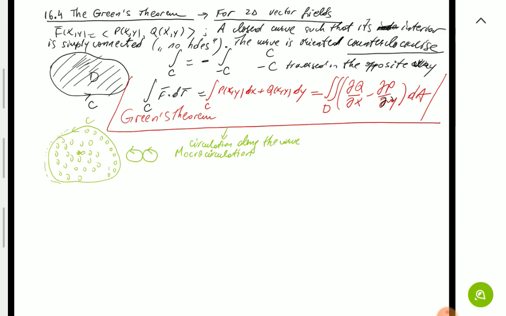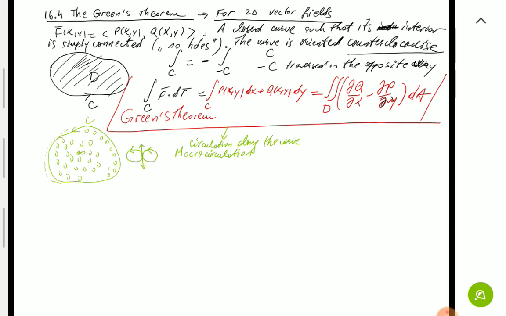Notice that for any two adjacent microcirculations inside this curve, their effect cancels each other. If you look at the point of tangency, the microcirculation to the left makes a move upward at the point of contact, and the one on the right makes a counter move downward, right, when these two microcirculations come into contact.